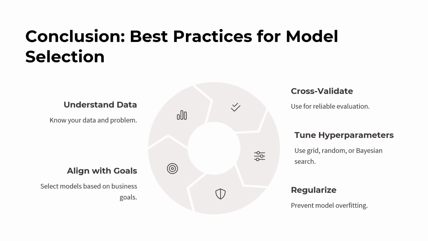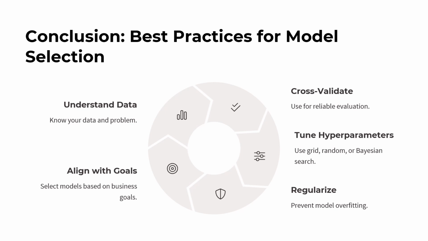This includes understanding the features, data types, and the problem you are trying to solve, whether it's classification, regression, or something else. Next, align with goals. Model selection should align with your business or research goals. For example, do you prioritize accuracy, speed, or interpretability? Choose models that best serve your specific needs.